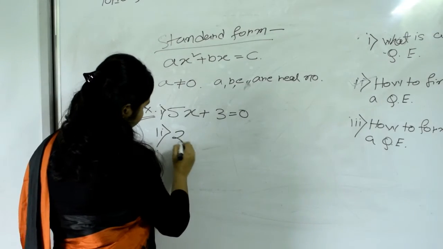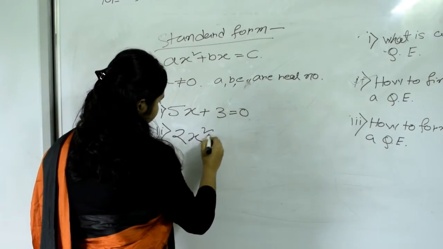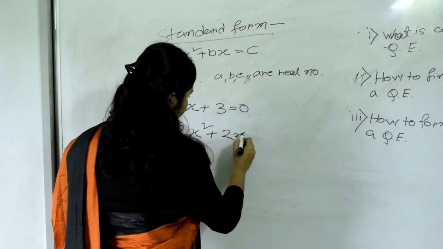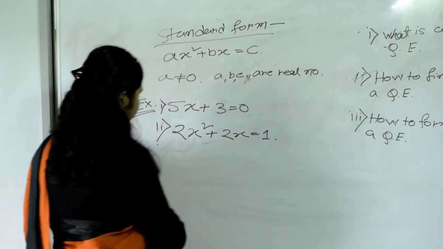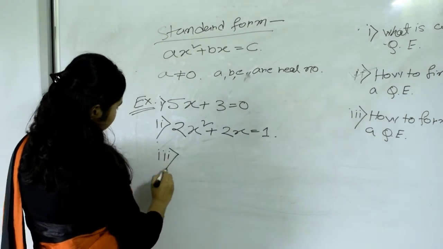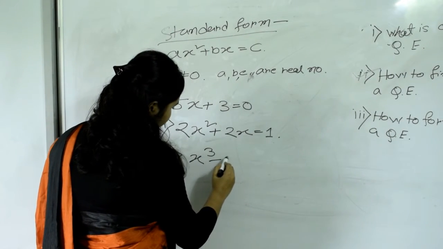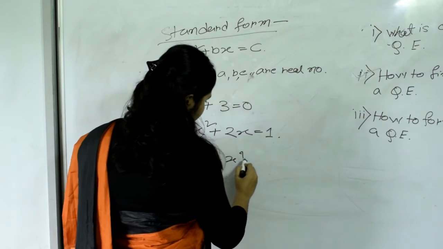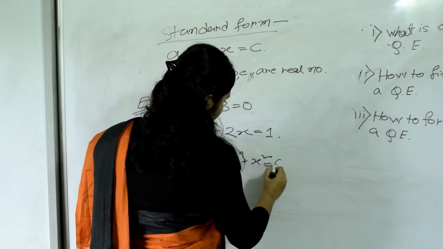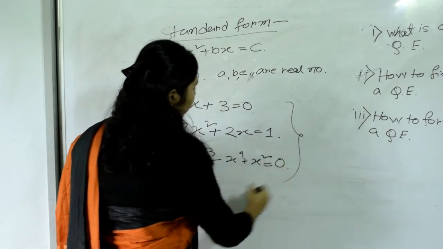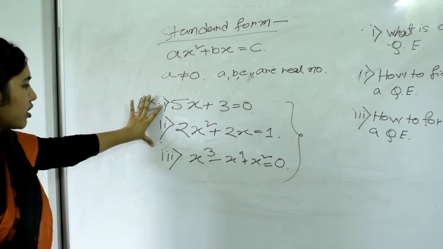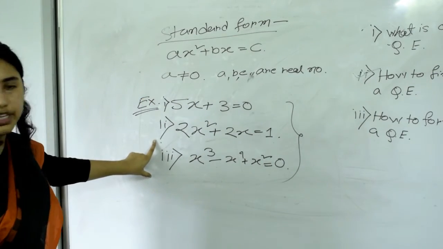Next, 2x square plus 2x plus 1 equals to 1. Third, consider x cube minus x to the power 4 plus x square is equals to 0. So tell me, among these three equations, which is a quadratic equation?